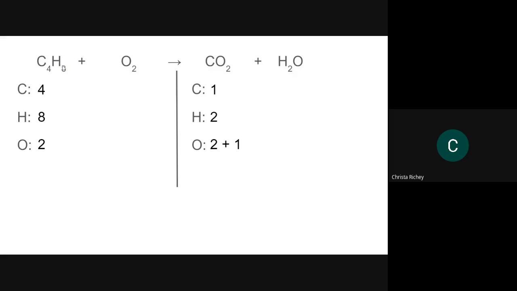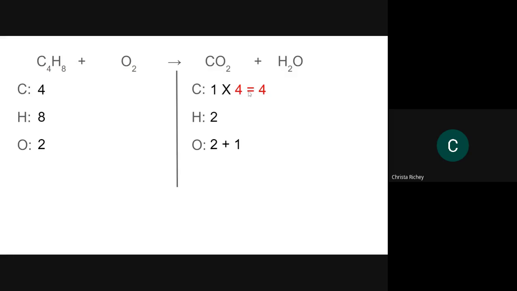However, if the number I put here is odd, you're actually going to have to double that. Since that's going to be an even number, I'm just going to start at the top. I have 4 carbons on the left. I have 1 carbon on the right. Since all I can do is multiply, the lowest number that I can make them both is 4.